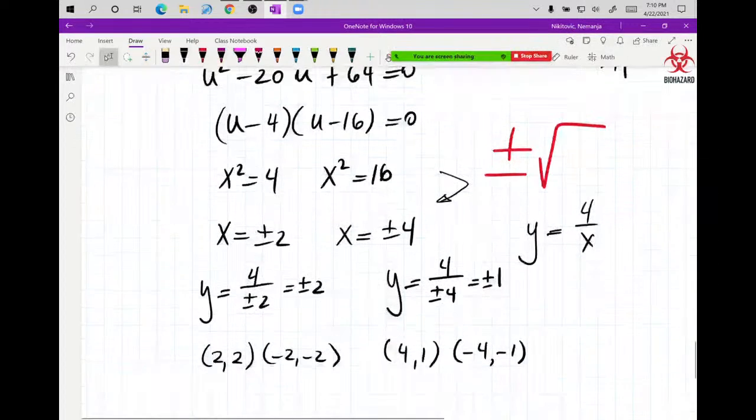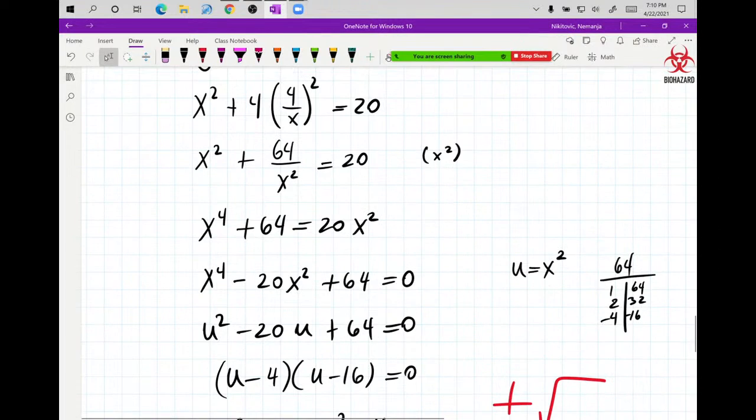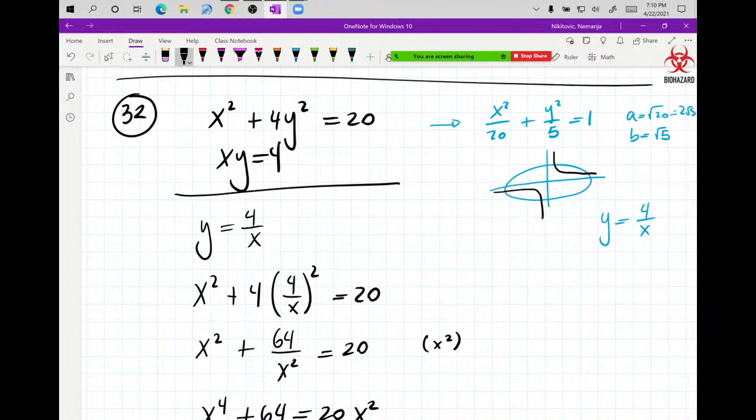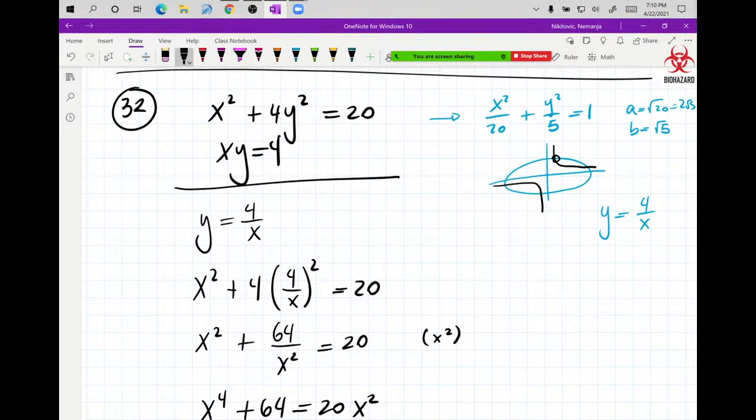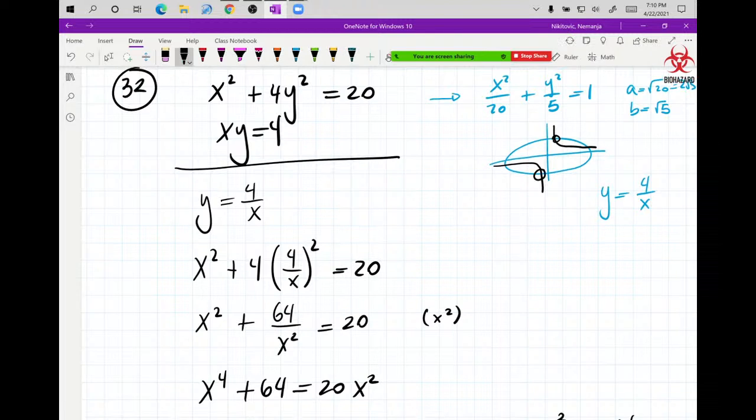Do we have those on the graph? Where is my 2, 2? Probably this one. Where is my negative 2, negative 2? Probably that one. Where is my 4, 1? Probably this one. And where is my negative 4, negative 1? That one. There they are, all 4, and we see exactly where they are on the graph.